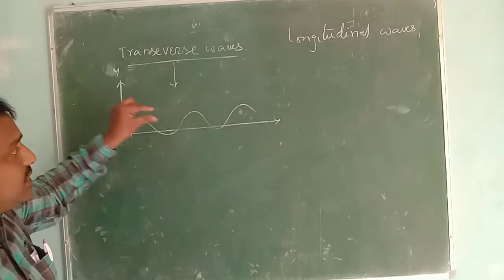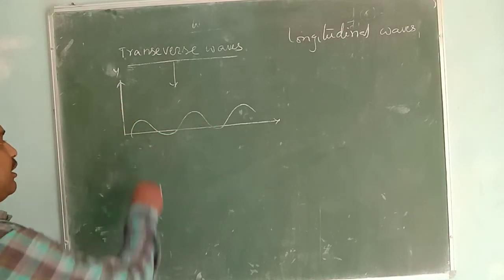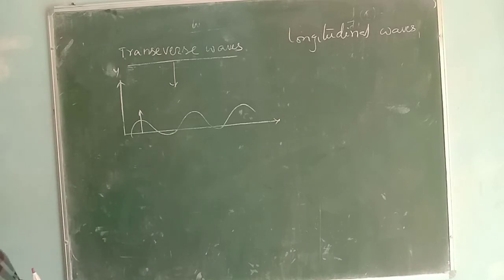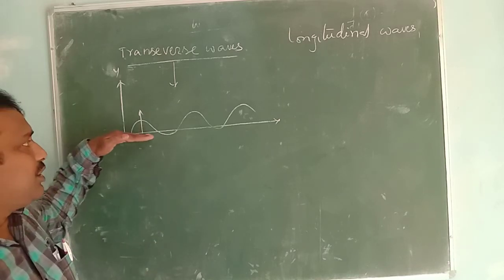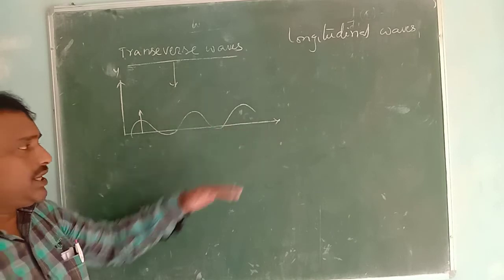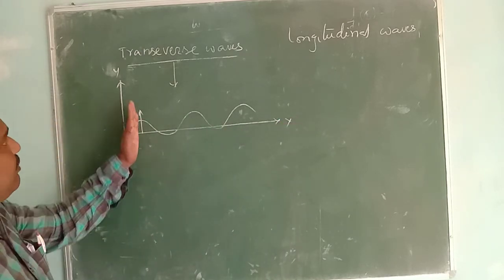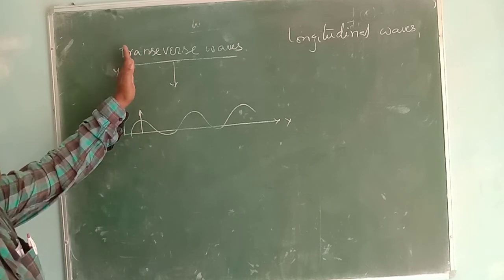Now the particles of the medium, if they vibrate along the y direction, that means the motion of the wave is along the x direction and the particle vibration is in the y direction.